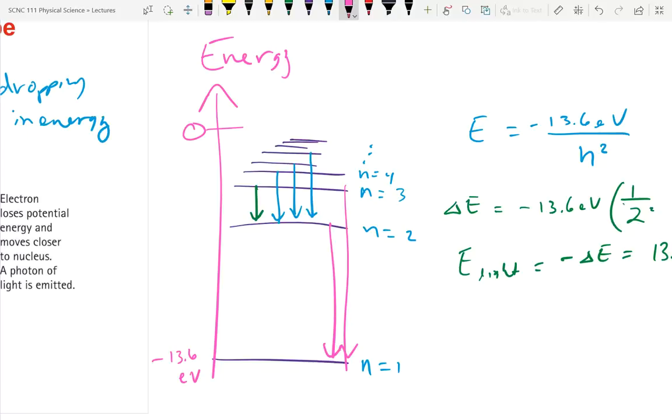And if it's falling down to n equals 3 or above, then the energy is so small that it's infrared and we can't see that. So the only ones we can see with our eye are the ones falling down to n equals 2. That's why the Balmer series was the first one identified, because only if they're falling down to the second energy state is the energy in the range that makes visible light.